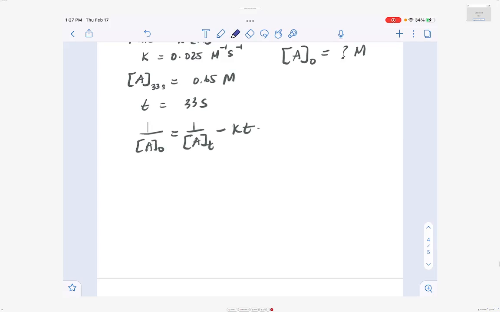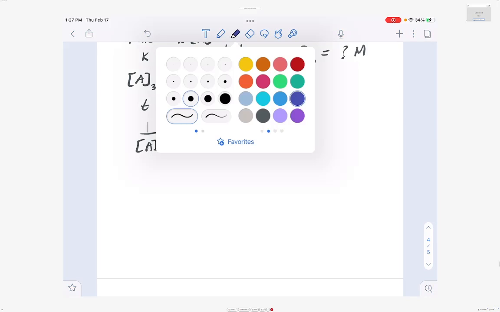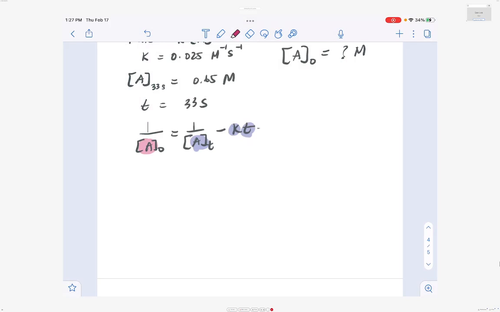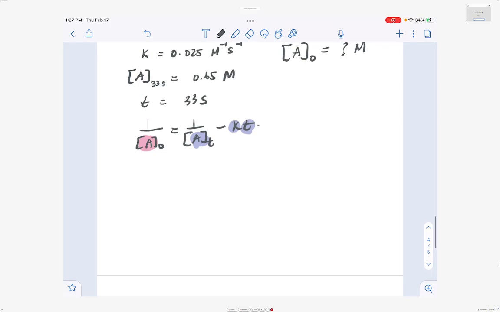So as you can see here, we have the later concentration, we have the rate constant, we have time, we have all the information we need. We just have to solve for the initial concentration. Okay, so let's plug in all the numbers that we already know.